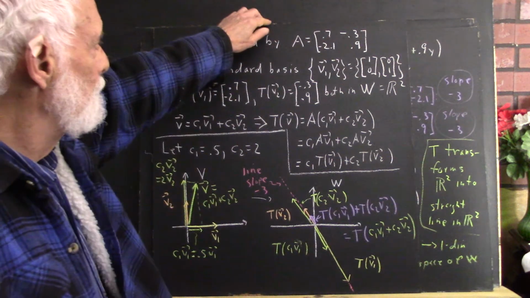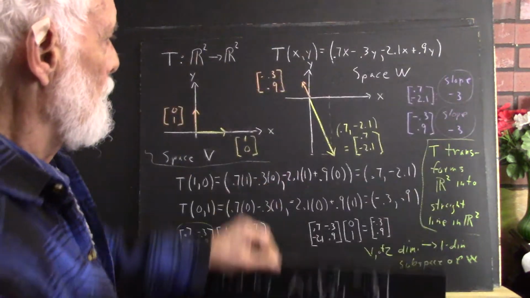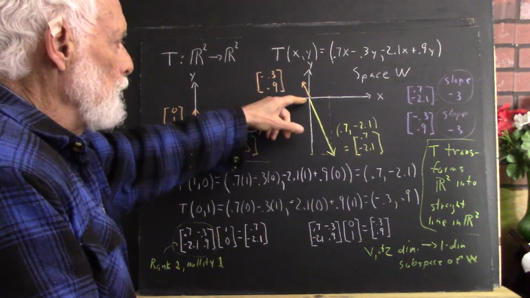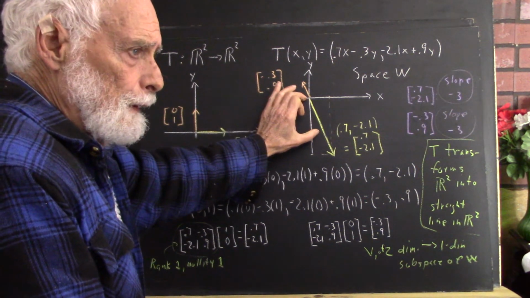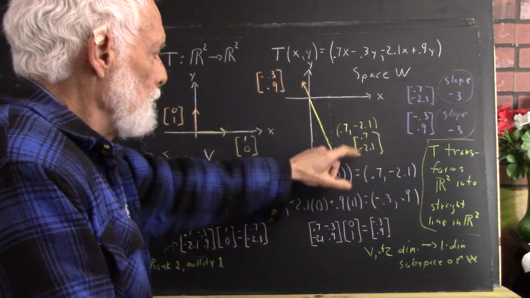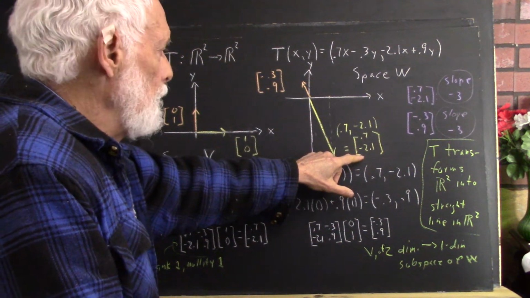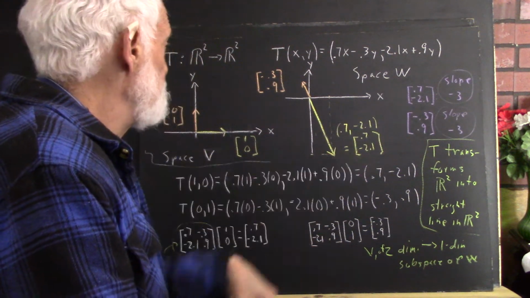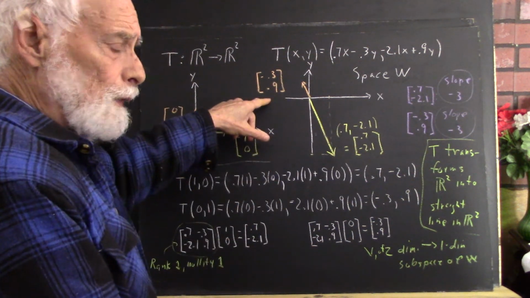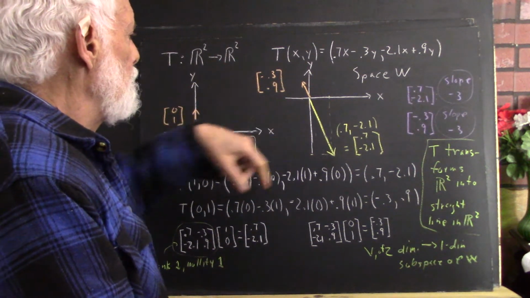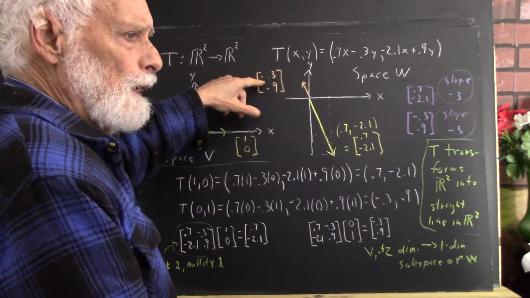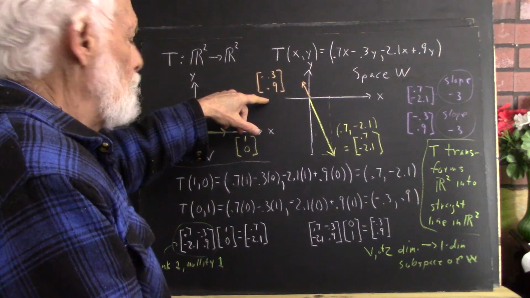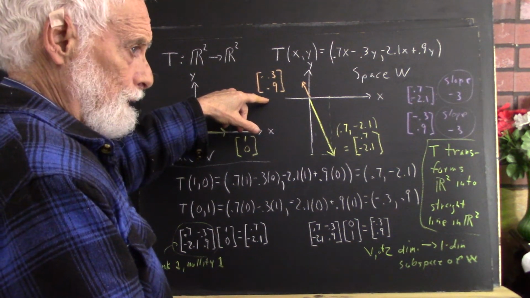But just pointing it out, T of 1/2 V, remember the vector that's down here, is going to be half of this. It's going to be 0.35, negative 1.05. Twice this vector is going to be negative 0.6 and 1.8.